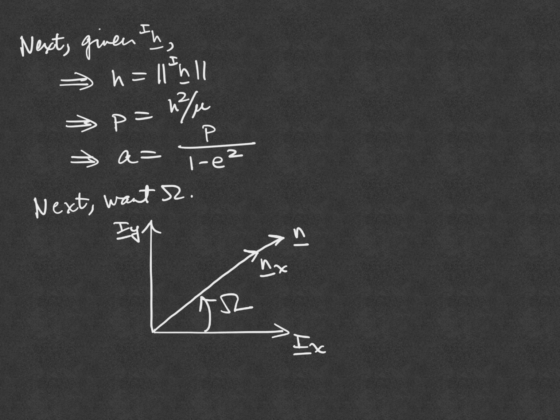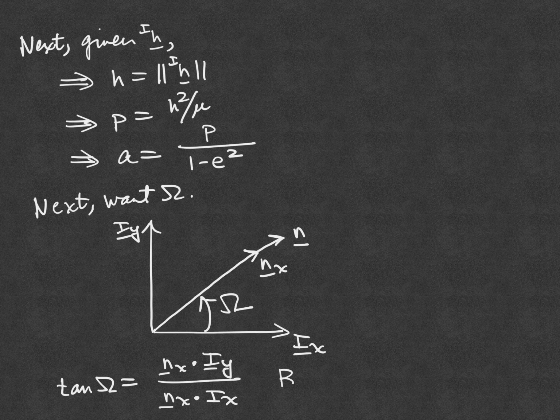Now we can compute the tangent of omega from this. The tangent of omega is equal to, well, nx is a unit vector, so it's nx dotted with iy, that's the sine component, and then nx dotted with ix, that's the cosine component.